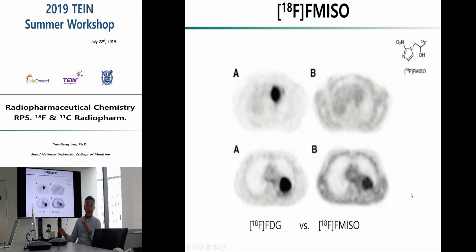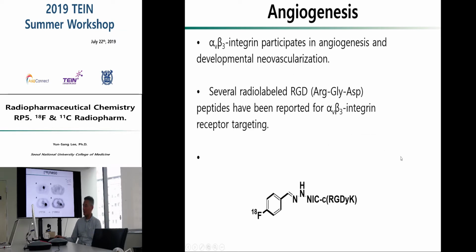If it is a hypoxic tumor, we have to increase the radiation dose or increase the concentration of chemo drug. Because it is a chemo and radio resistant tumor, we can see the misonidazole image. We can differentiate these two types of tumor.